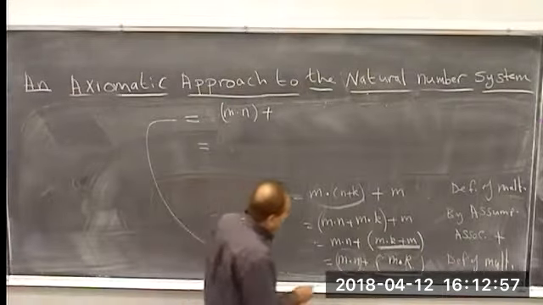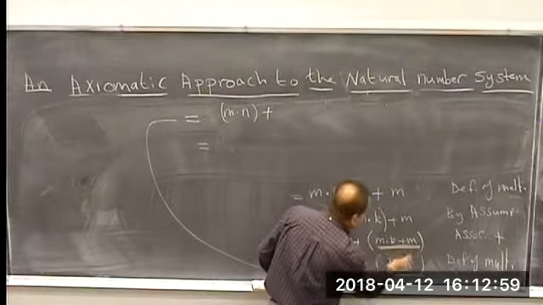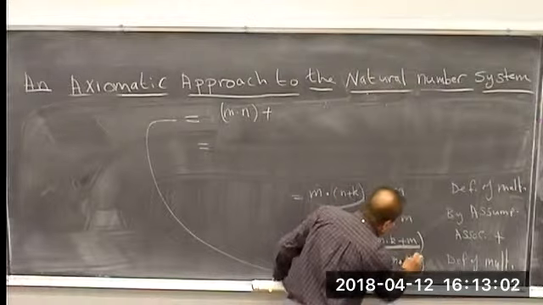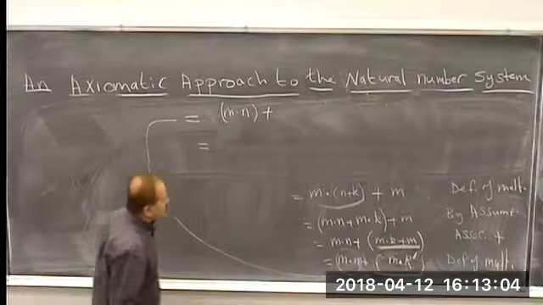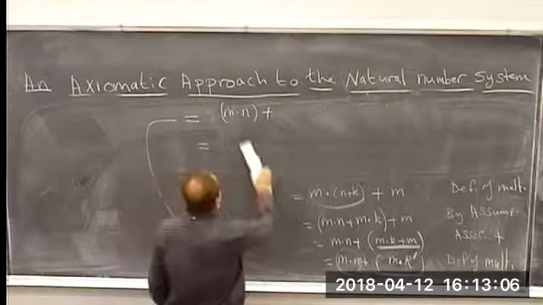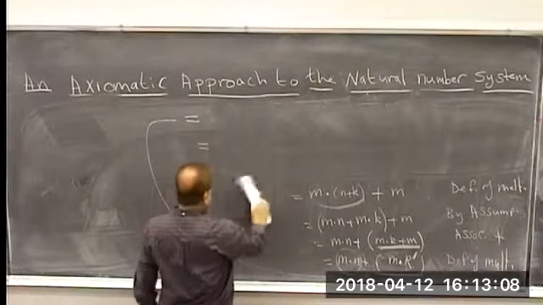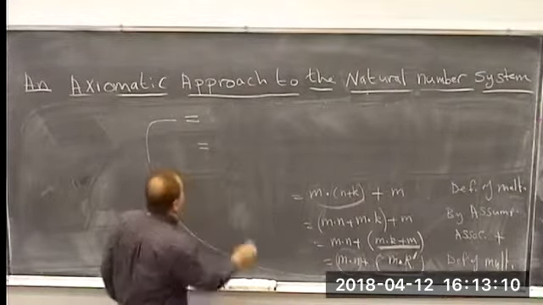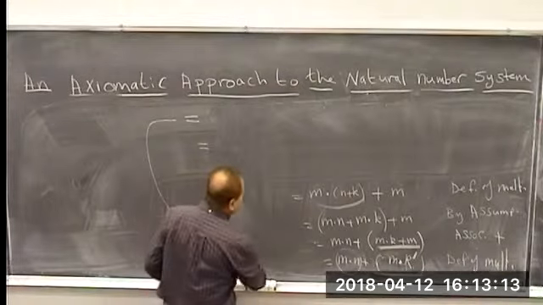Actually this one is mk plus m. This is supposed to be k, the successor of k.